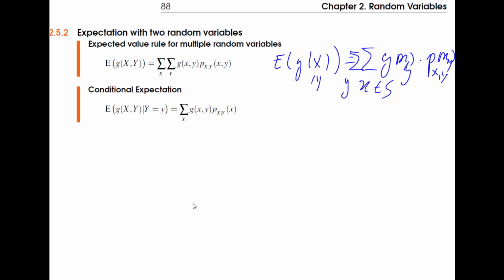Once you have the conditional distribution, the same formulas apply. A conditional distribution is just like any other PMF. You sum across the values of x, because y is fixed, equal to little y, and we're using the conditional distribution of x given y.